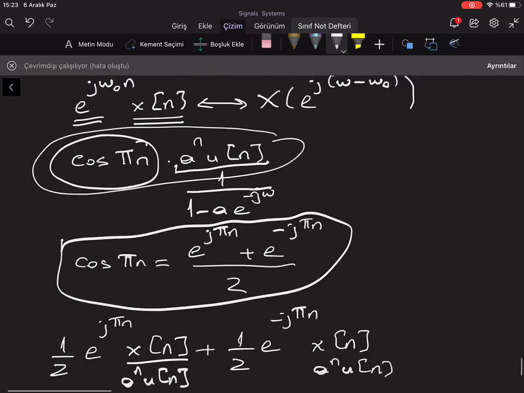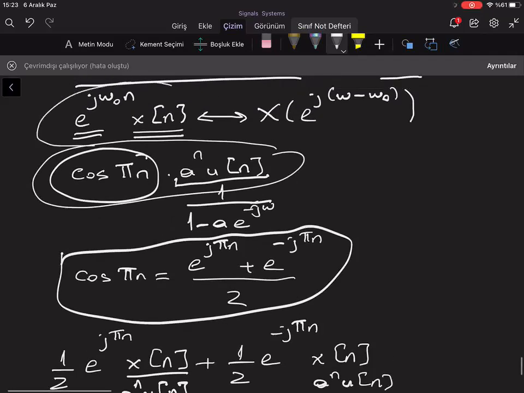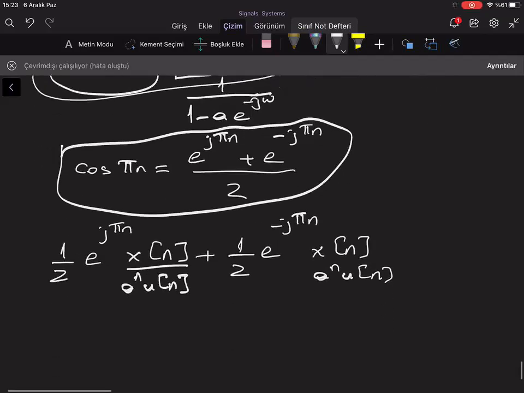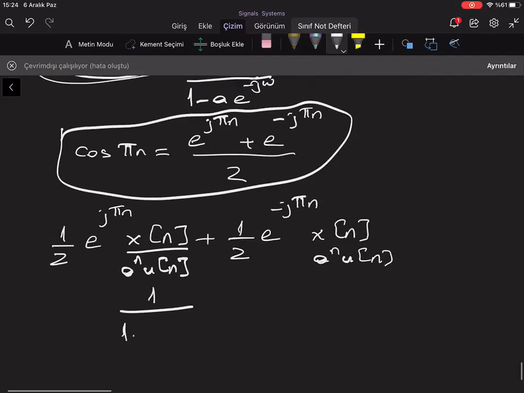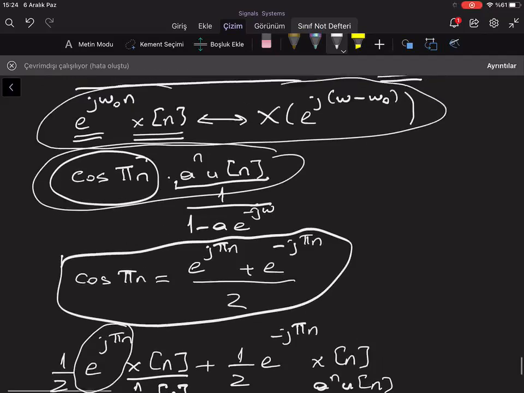So by using this property, I can easily apply this property to my function, which is here 1 over 1 minus a e^(-jω) times 1/2, and this will be like ω minus π. What does this mean?